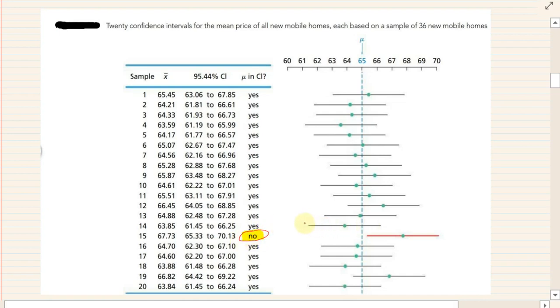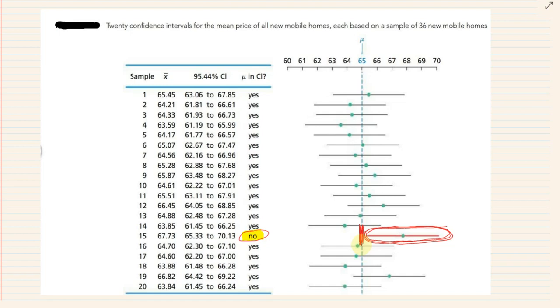And if you look at the confidence interval, it's right here on the side. You see this on the side? The confidence interval actually has missed the mean. The mean is right in here. See? So it falls just outside of the lower limit. Okay, but the point is that it missed it.